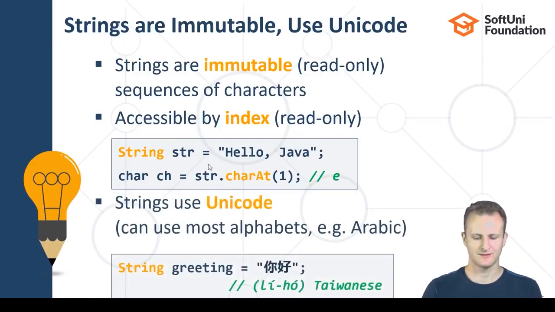Okay. Now, strings in Java use the Unicode standard. What does that mean? Well, simply put, it means that you can represent pretty much any alphabet you can think of inside the Java string. So you can store Cyrillic, you can store Japanese, Chinese, Mandarin, you can store, of course, English, because that's the initial language which was used for computers when they were starting.